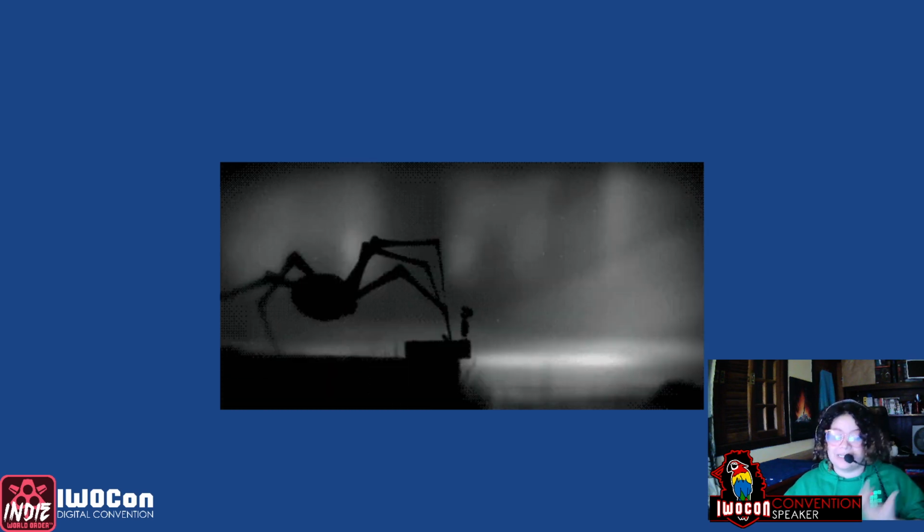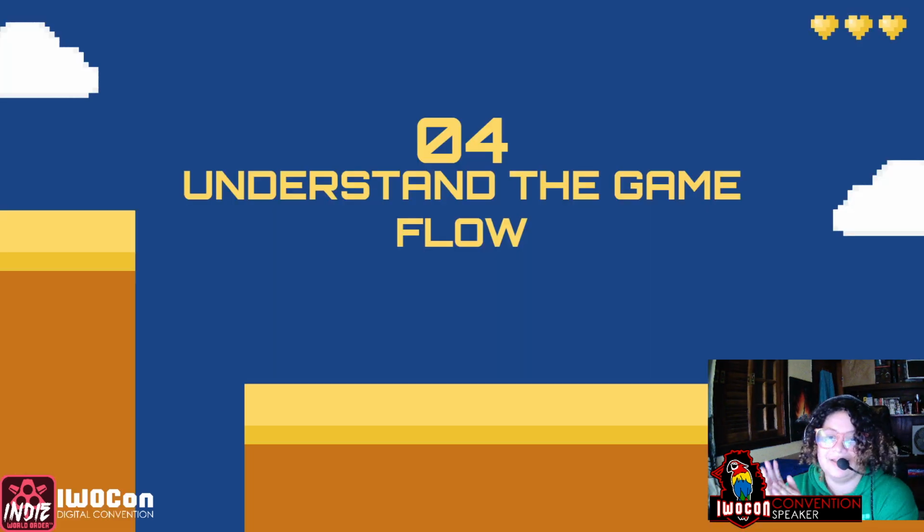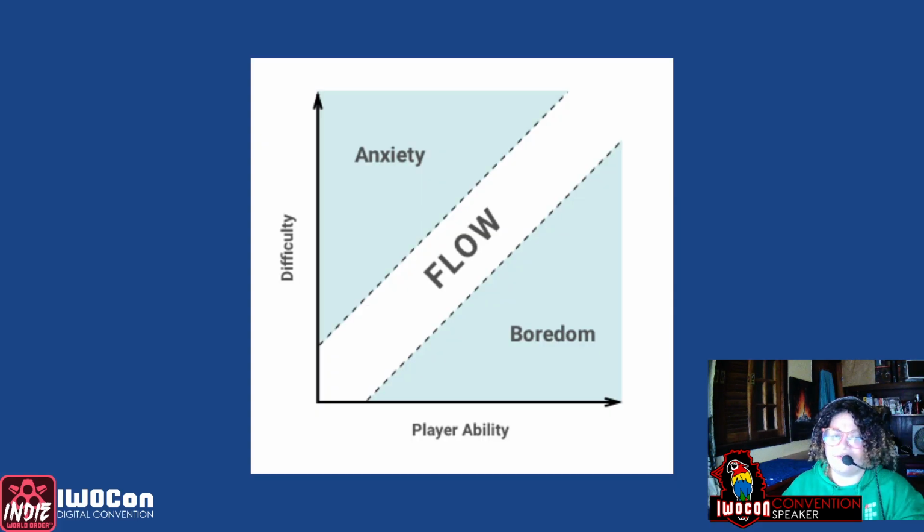that's even more accessible. And here is an important, really, really, really important other tip, that is understand the game flow. So the flow is this theory created by Mihaly Csikszentmihalyi that says that to be in a state of happiness, you must follow this chart.